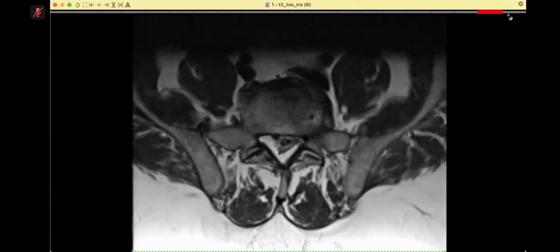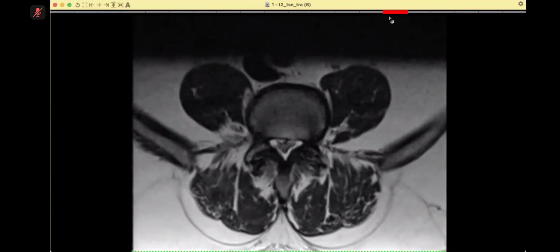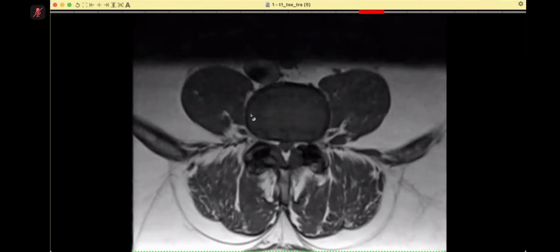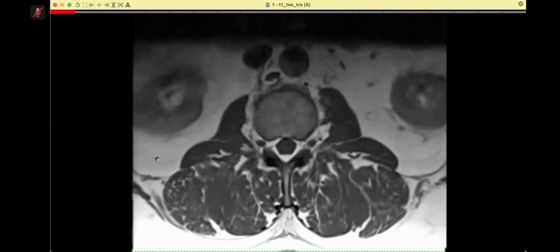So can it represent arachnoiditis? Clumped nerve roots. So if I just, 1 second, don't move the mouse. Now I have taken over the mouse, so I am showing you. This was a T1 weighted sequence.